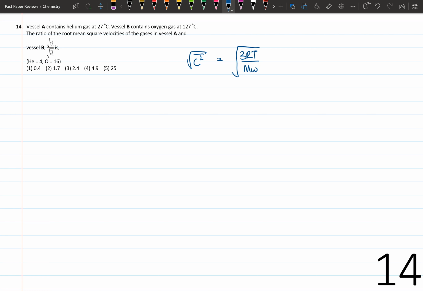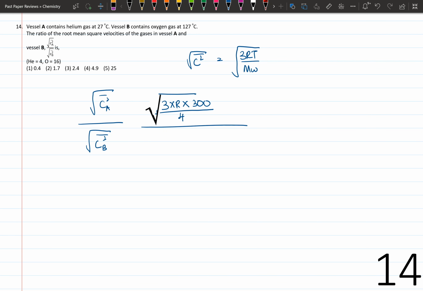So in this case, for A, we have 3 into R into temperature, which has to be given in Kelvin, so 27 degrees plus 273, which will give 300, divided by helium, which is 4, and for B, we have 3 into R into 400, 127 plus 273, divided by 16 into 2, because oxygen is diatomic.